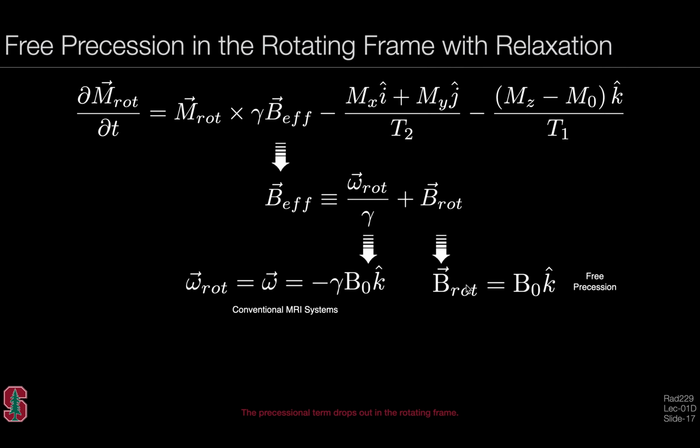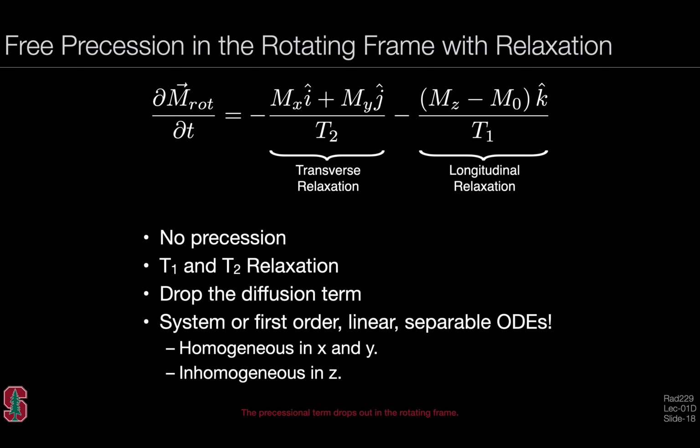And we know that the applied B0 field in the rotating frame is just B0 k hat. And so, as we recall previously, we still have that the B effective field is 0. There's no effective B field for free precession in the rotating frame. So here, if we look at free precession in the rotating frame with relaxation, then we see that we just have two terms that become necessary, both the relaxation terms.